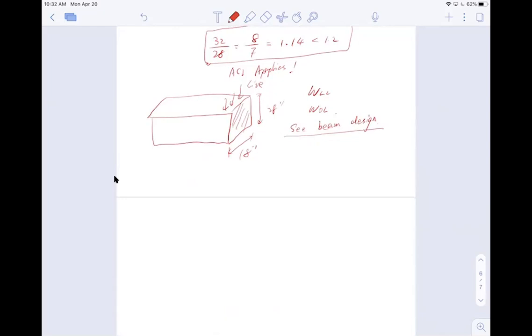Then we have a live load and multiply by this width right here, to get load in pounds per linear foot. So for the slab, you get pounds per square foot. For beam, you only get per foot. So there's a foot difference there.